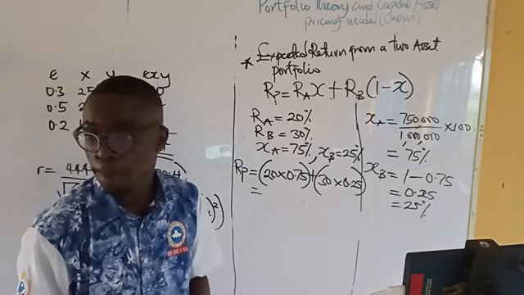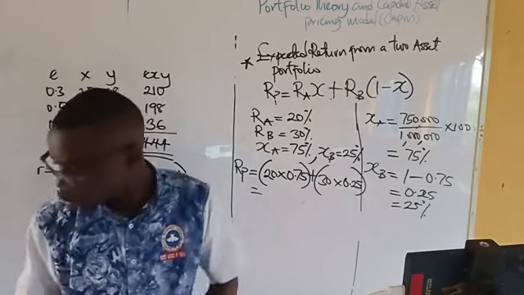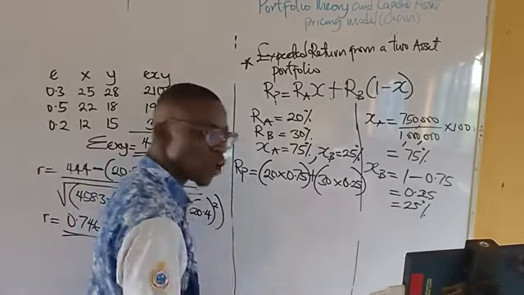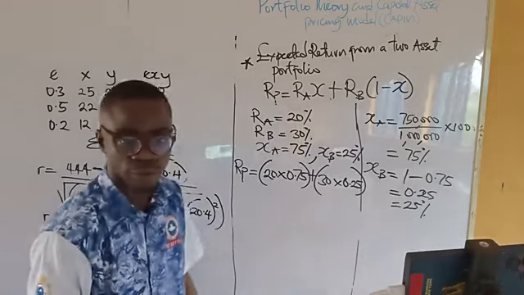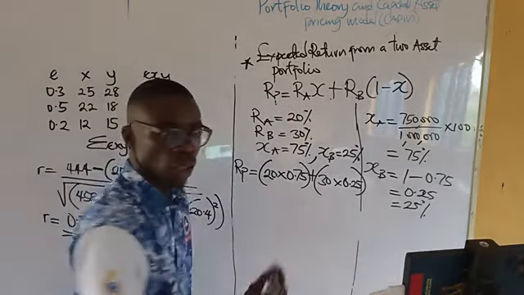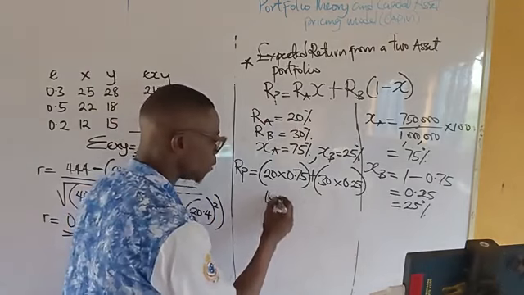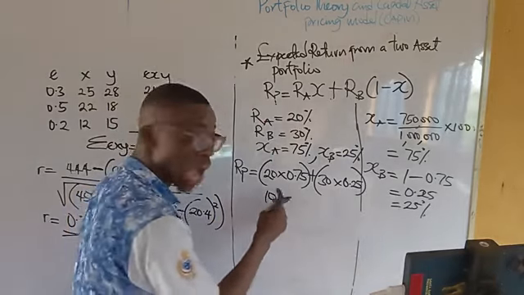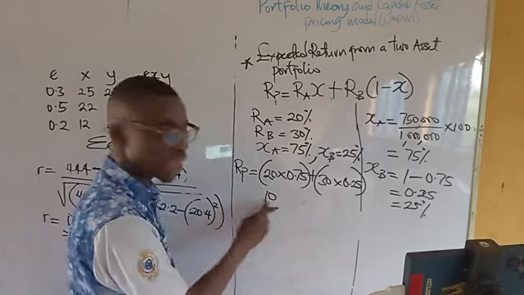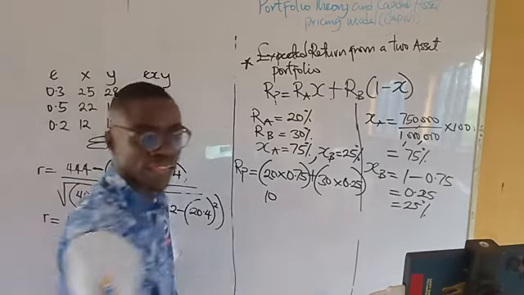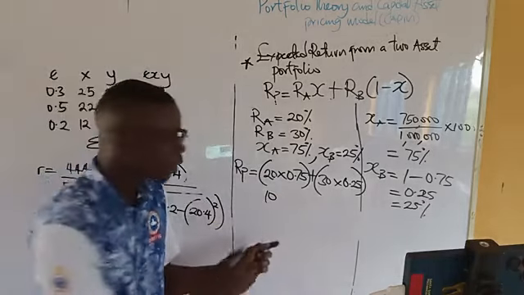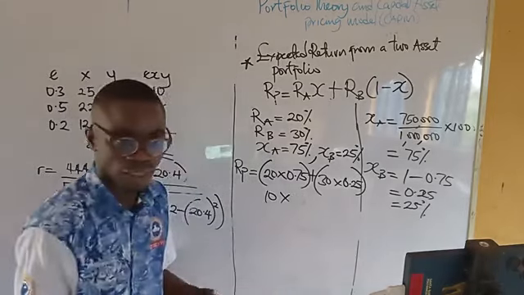Are we together? Look at it. You have 20% and you have 50%. You have 20%, 10%, and you have 10%. Are we together now? You now say you should multiply it. Is it correct?